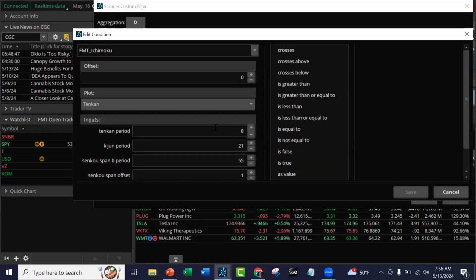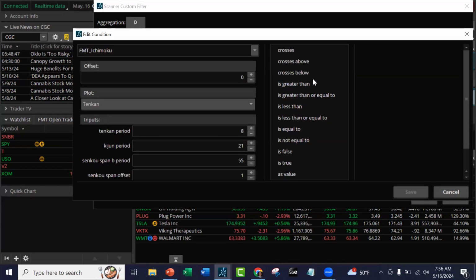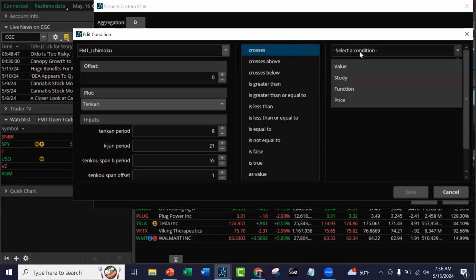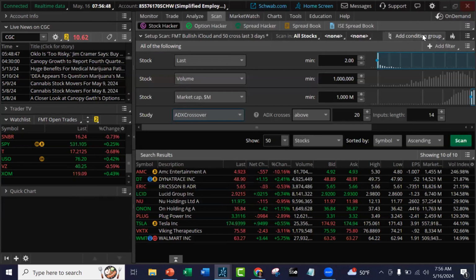And it's already got the variables put in here. Right now I can put in a criteria. And I can say I want to cross, and then I select a condition, again, study. And so I'll show you how I did that rather than walking through it. Let's go ahead and open the study that I have saved.